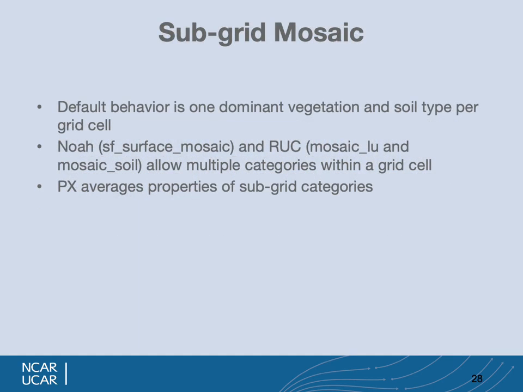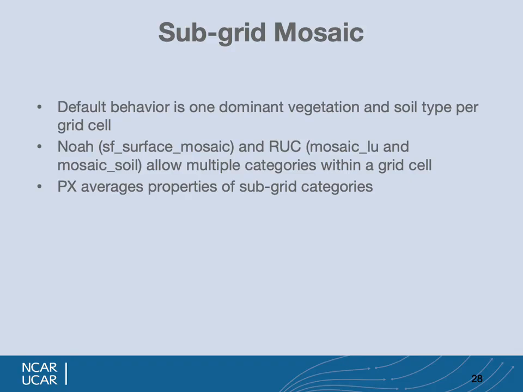We also have a subgrid mosaic option in some cases. So Noah has a subgrid mosaic option, and also RUC. This allows multiple categories within a grid cell. In the normal running of our land models, we have one dominant vegetation per grid cell. But if you do want to have multiple categories allowed, then these mosaic options allow for that.